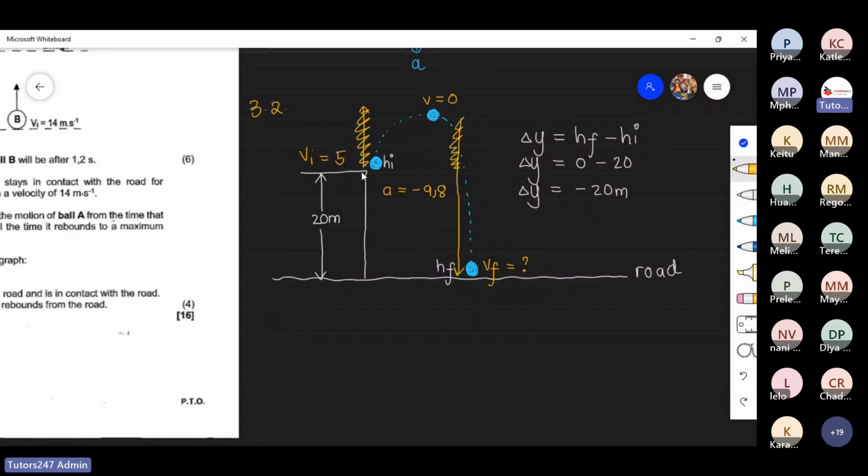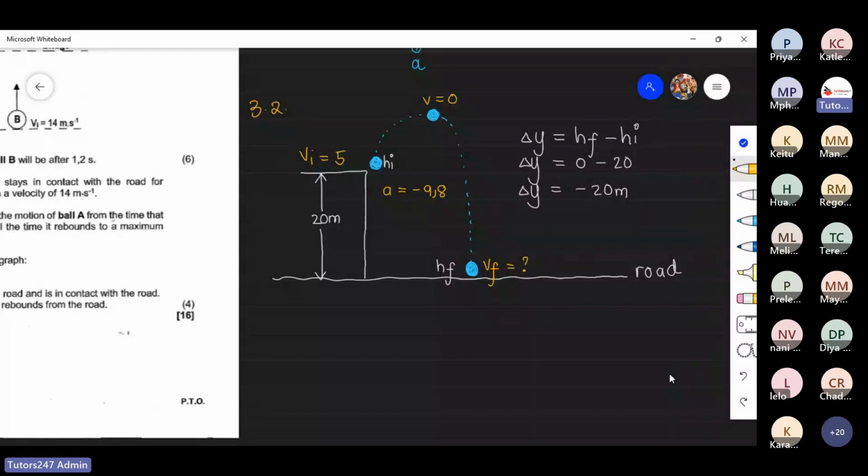So we are only left with this displacement vector. And what is the direction of that displacement vector? It's downwards, indicating negative, and it has a length of 20 meters. Therefore, our displacement is 20, or rather negative 20 meters. So you can choose either or, whether you want to use vectors to identify what's going on, or if you want to use your formula.